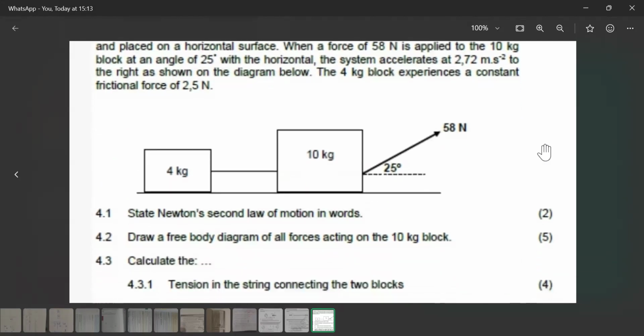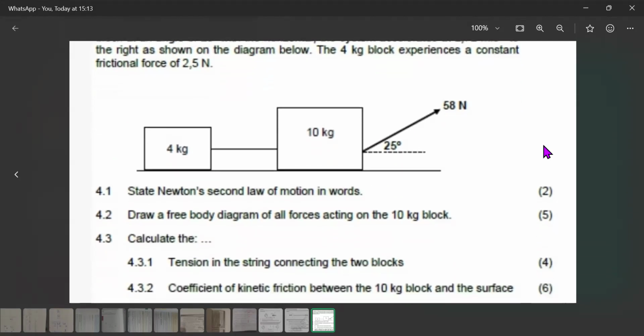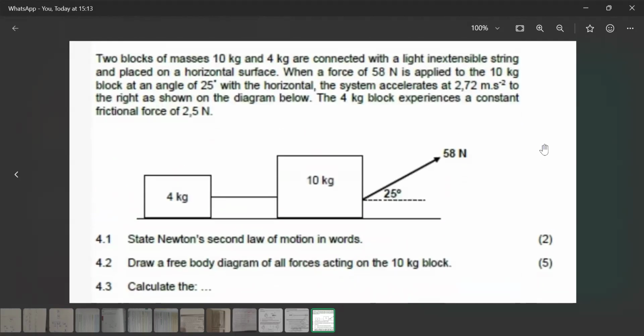And in order to find the tension, we normally find the acceleration first by using simultaneous equations. And now that we have our acceleration, we can substitute it into any of the equations in order to find the tension. But in this case, they already gave us the acceleration of the system.